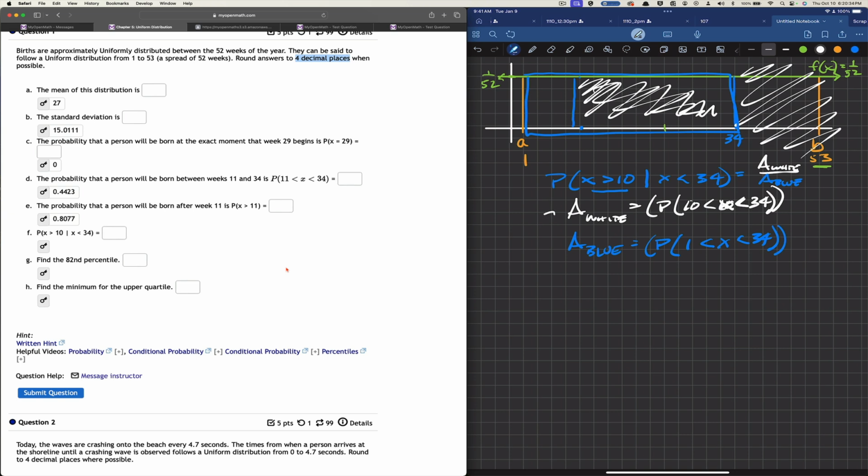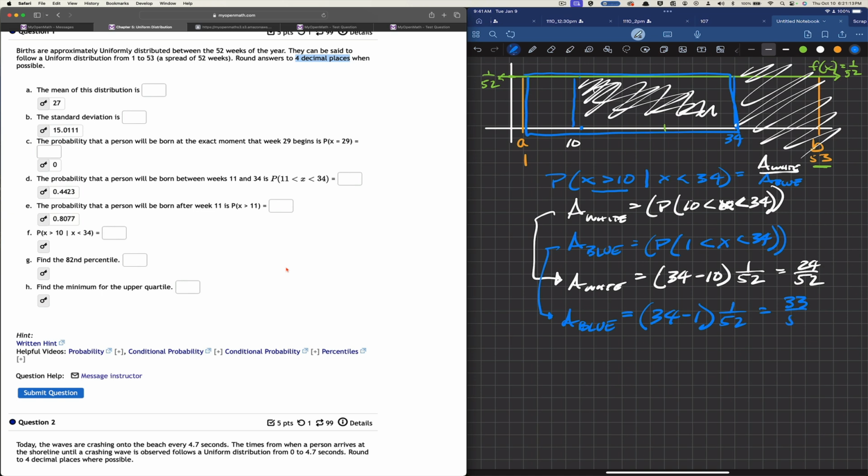Okay, so we're going to do this one first, and that's going to be this 10 to 34, so the area of white is equal to 34 minus 10 times 1 over 52, which is 24 over 52. I'm just going to leave the number like that. And then the blue is the whole thing, so that's 34 minus 1 times 1 over 52, which is 33 over 52.